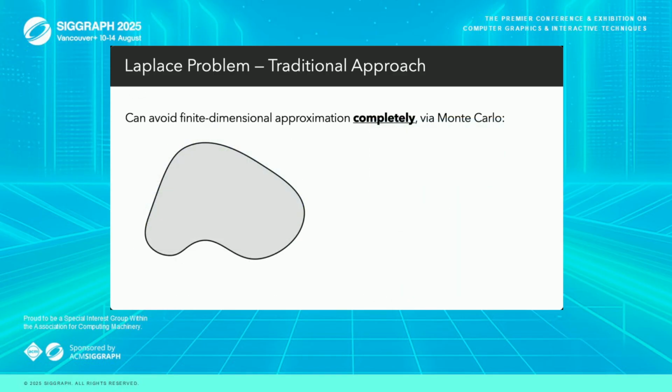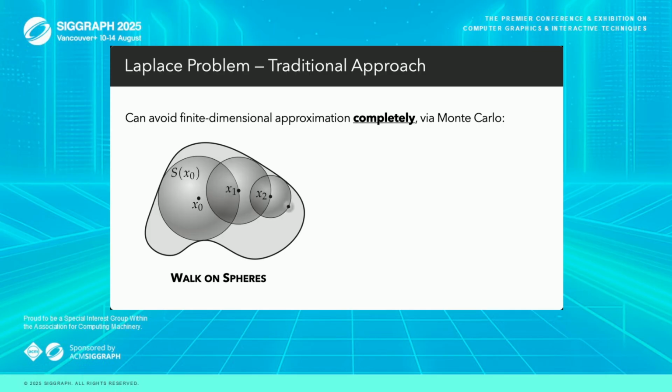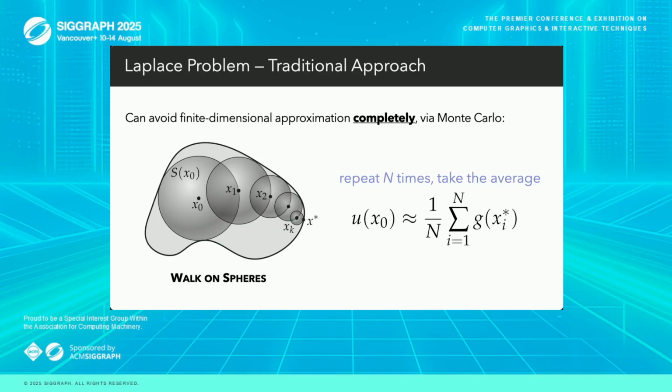Actually, it turns out that you can avoid finite dimensional approximation completely by using Monte Carlo methods to solve these kinds of problems. Okay, and I'm not going to tell you exactly how this works right now. That's the point of the course. But basically, we're going to develop something called the walk-on-spheres algorithm that's a lot like recursive ray tracing. So it's sort of a ray tracer for physics. And so the very high-level description is I take a bunch of random walks through the domain, repeat those random walks a large number of times, and take an average, right?